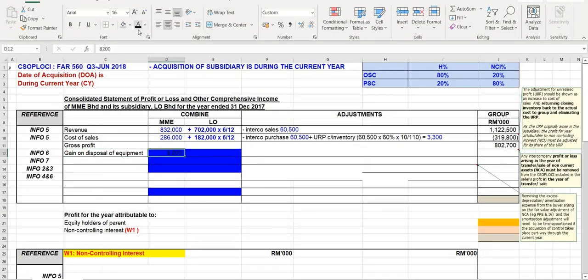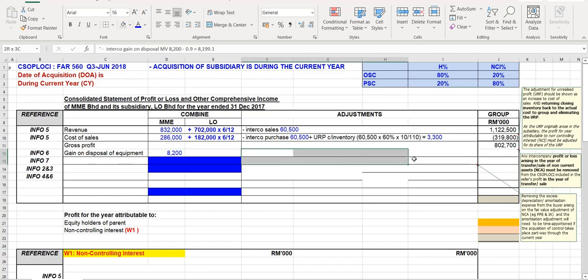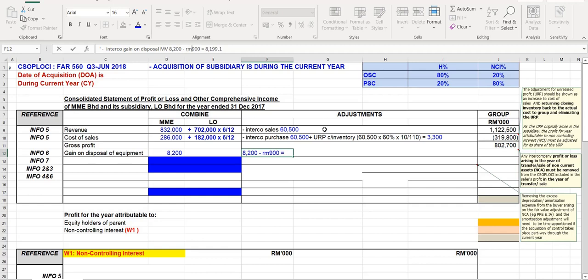First, just show what you have, which is here nothing. But here you would have to include and remove the intercompany disposal, which is 8.2 million minus 900, RM 900, right?